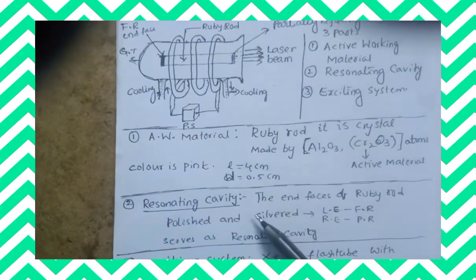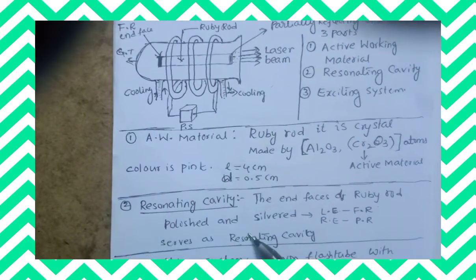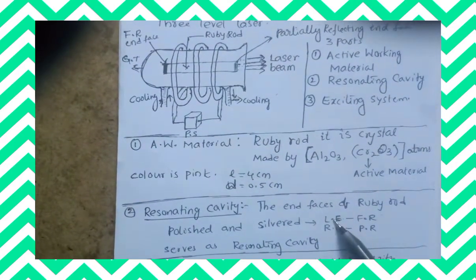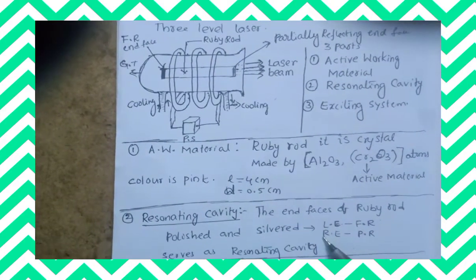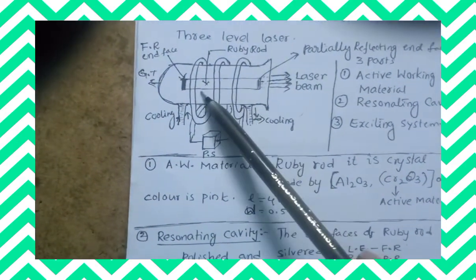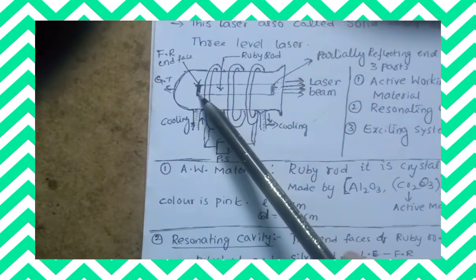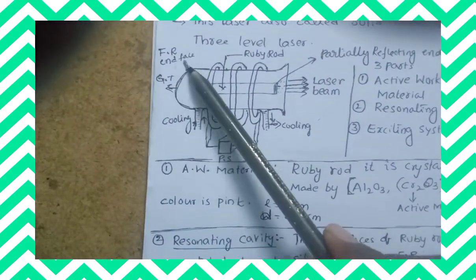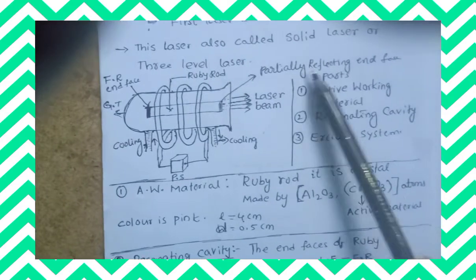The end faces of the ruby rod are polished and silvered in such a way that the left end of the ruby rod is a fully reflecting end face and the right end face is partially reflecting.